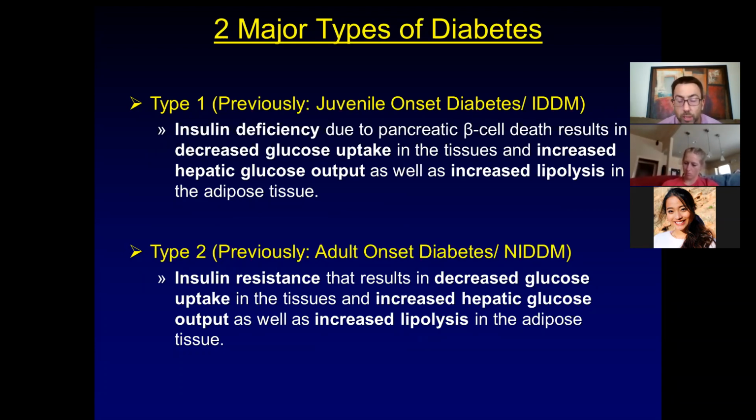If you're a type 1 diabetic, at some point, typically when you are an adolescent or into your teenage years, your immune system will attack the beta cells in the pancreas and destroy them. We don't fully understand why that happens. There does seem to be some genetic component to it, but your immune system destroys the beta cells, and so the pancreas then loses its ability to produce insulin.